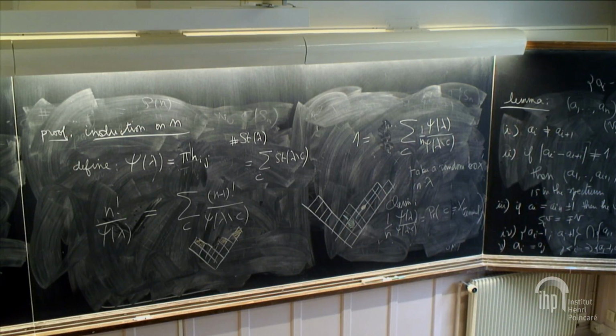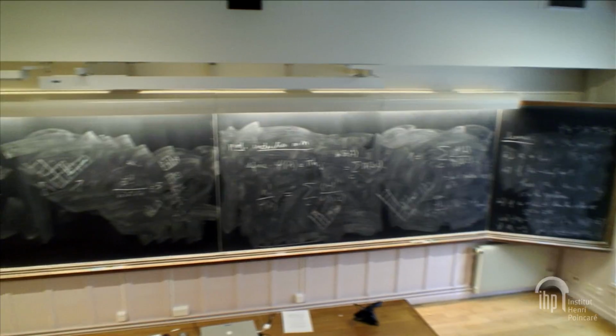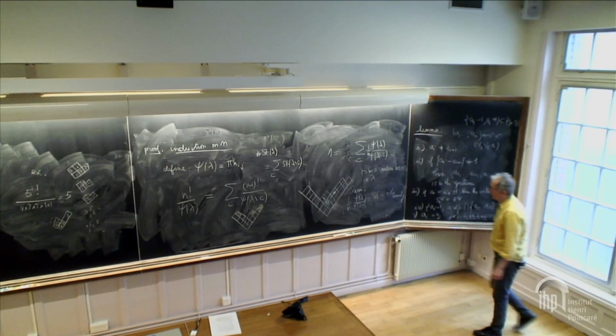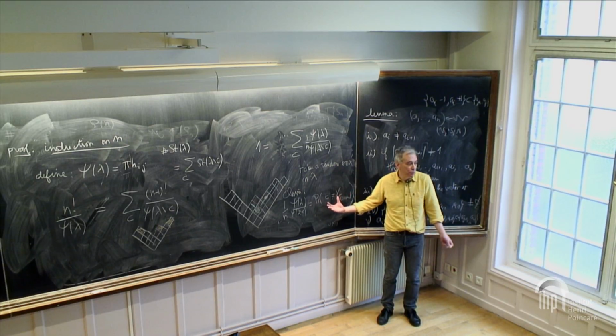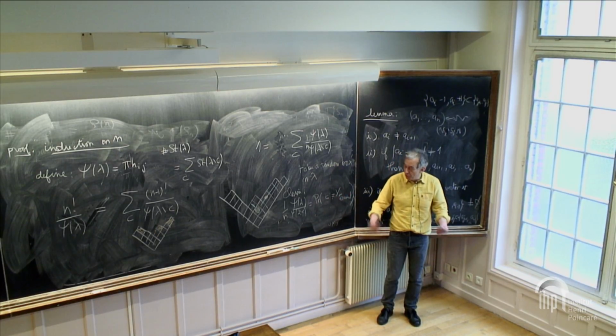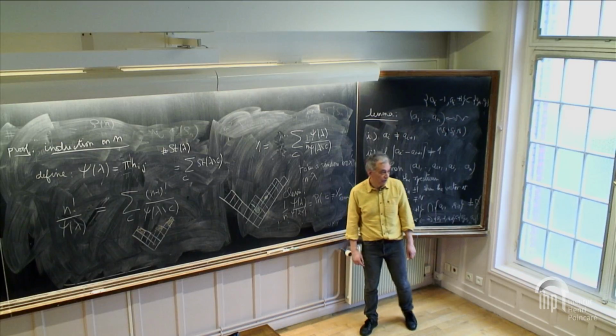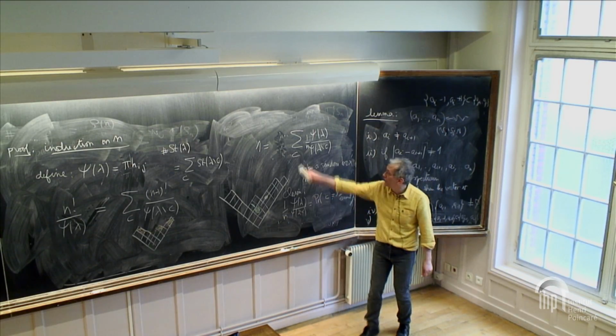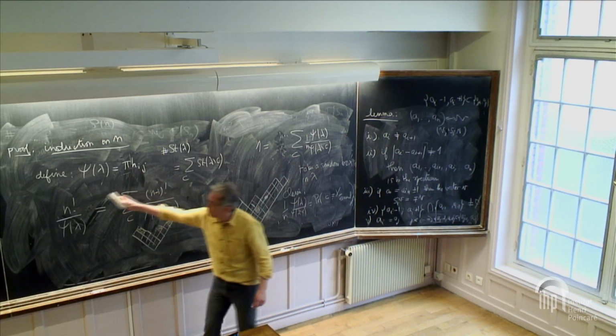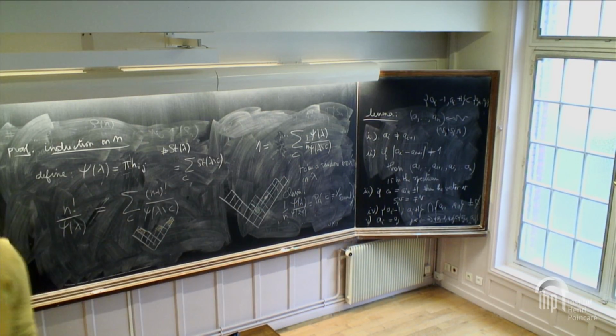Okay, so this is a claim. So we have to check that. And if we check that, of course, since the sum of probability will be equal to 1, because we are with probability 1 going to get to a corner, then we will get the formula is true by induction. So this formula is true, so the formula which is here is also true.